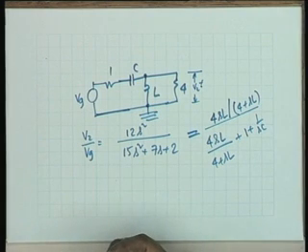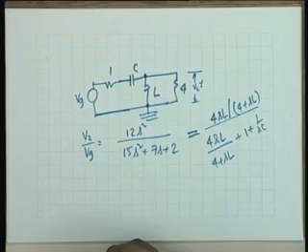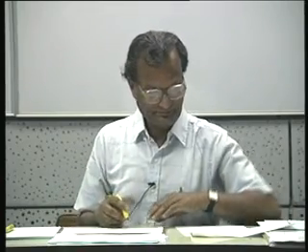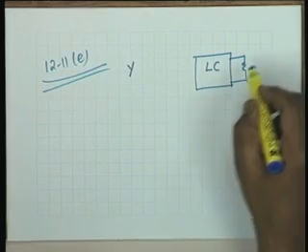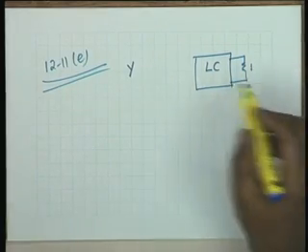Our last problem of the day would be 1211E. We will solve the most difficult one. The problem is to synthesize the following function in the form shown in the figure. That is, we have to synthesize the given function in the form of an LC network terminated in a resistance of 1 ohm.